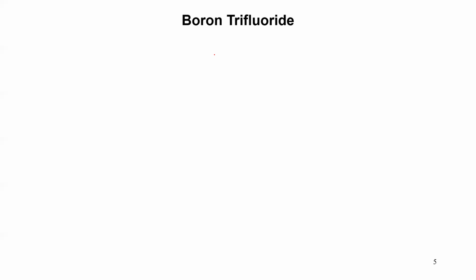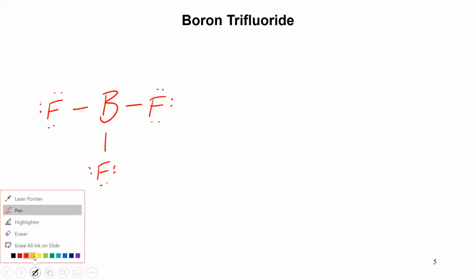Now, I'm going to take us back a step because when we had boron trifluoride as an example for those reduced octets, we drew it like this, right? And while this might have been okay for chapter 9, this is not okay for chapter 10.